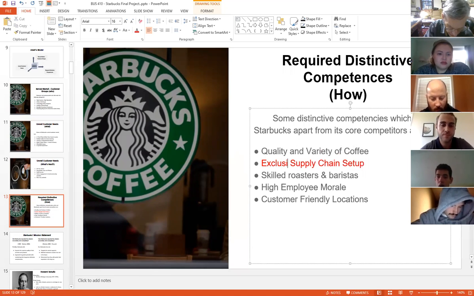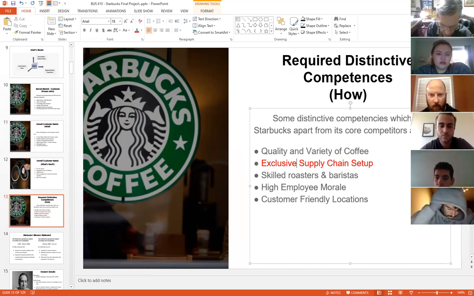They've got a wrap on these high premium beans, and in order for them to be differentiated, they've got to offer a better quality of product. They've got to be confident that they can always offer it.